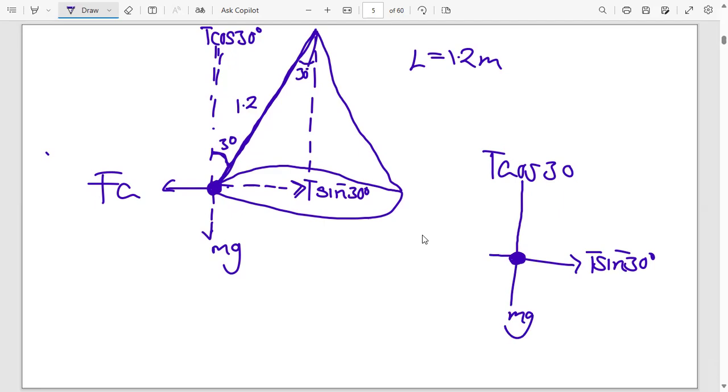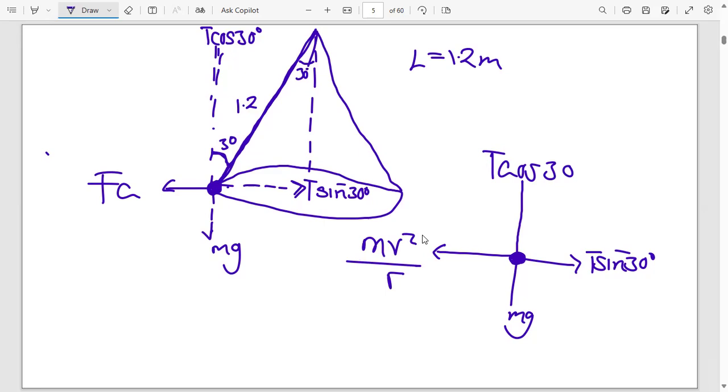I have the centripetal force there. The formula for centripetal force is Fc equals mv squared over r. Okay, so I'm just going to plug mv squared over r here.